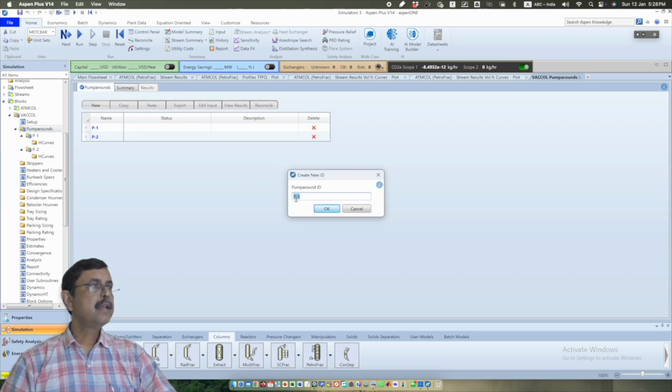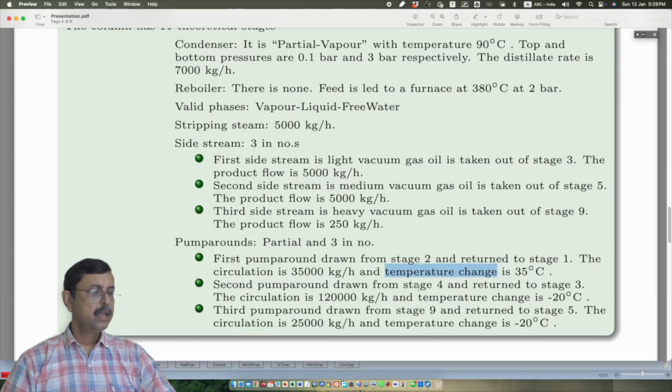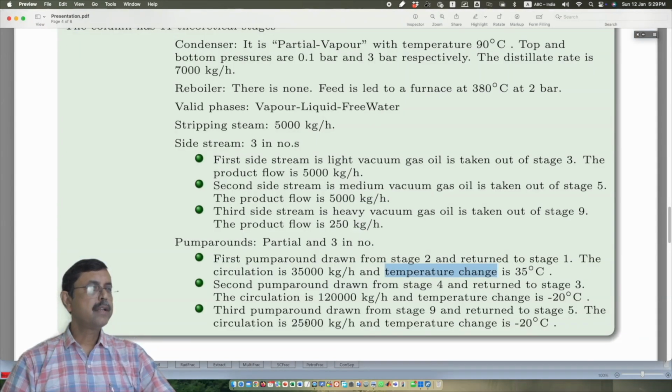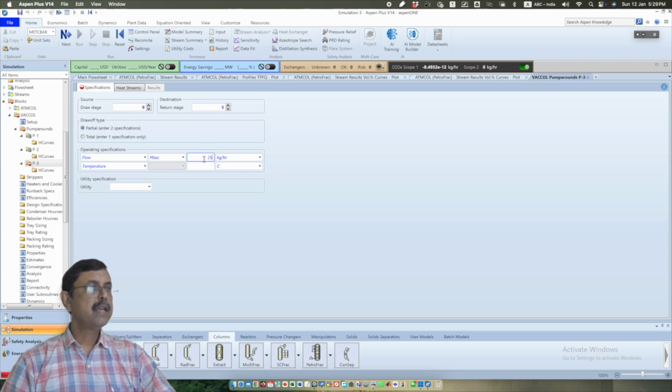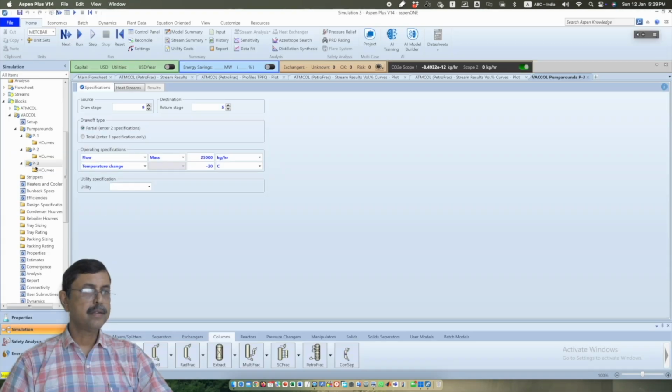And finally, the pump around 3 that comes out from stage 9 and returns at stage 5. So 9 and 5. The circulation rate is 25,000 and temperature change is again minus 20 degrees centigrade.